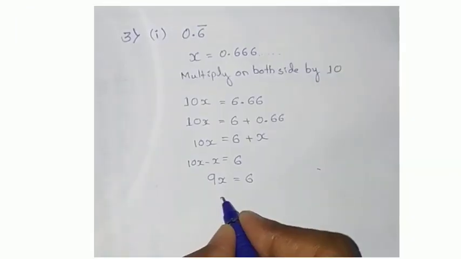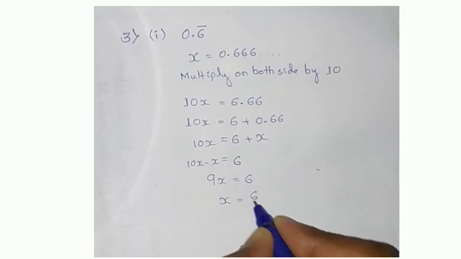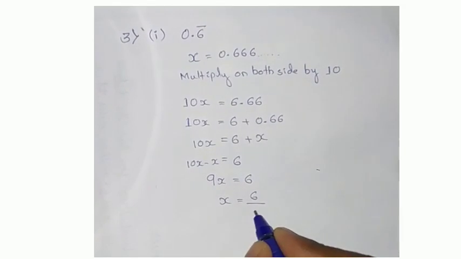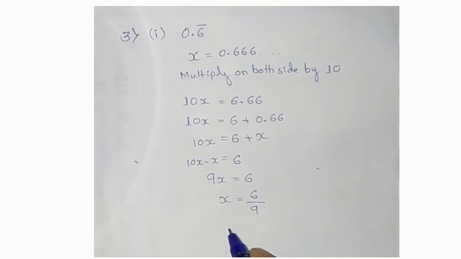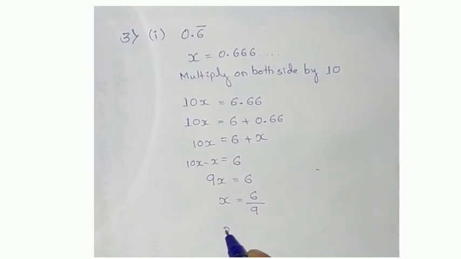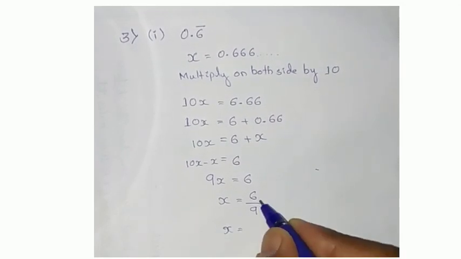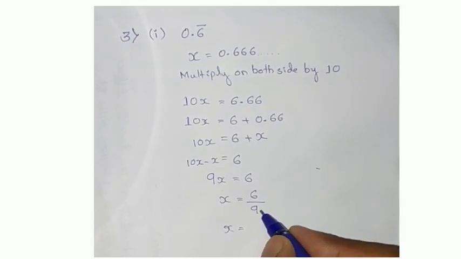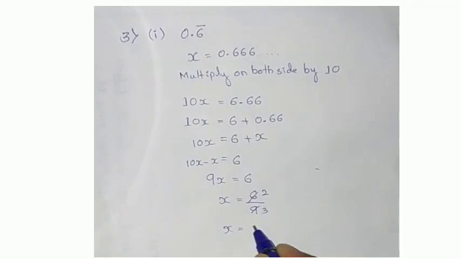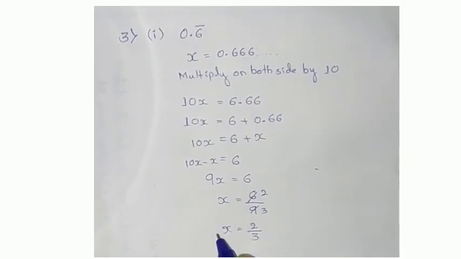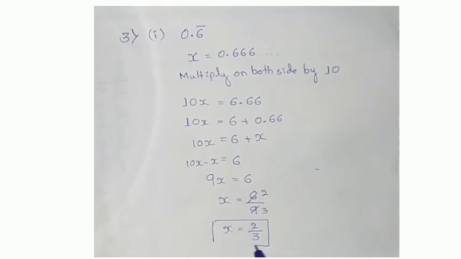So x equals, if you take 9 to the right side, it becomes division, 6 by 9. Dividing by 3 on both sides, 3 twos are 6, 3 threes are 9. So our P by Q is 2 by 3. This is our required form.